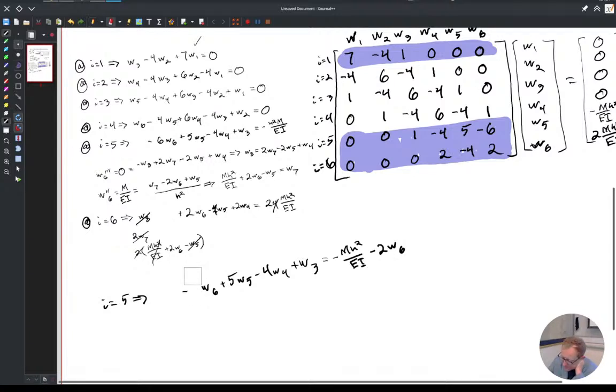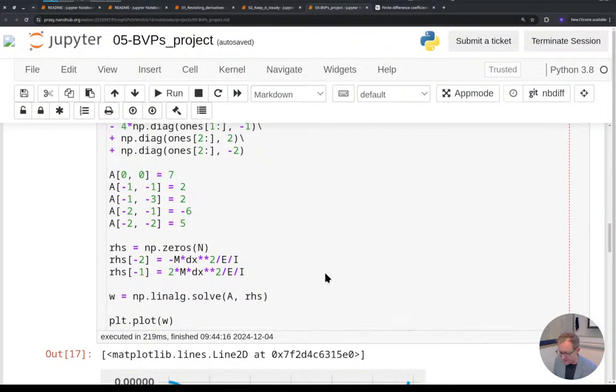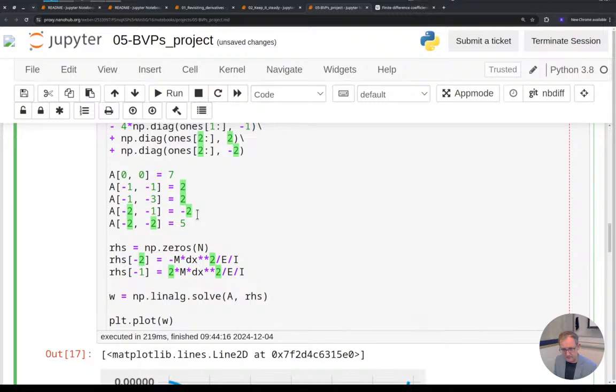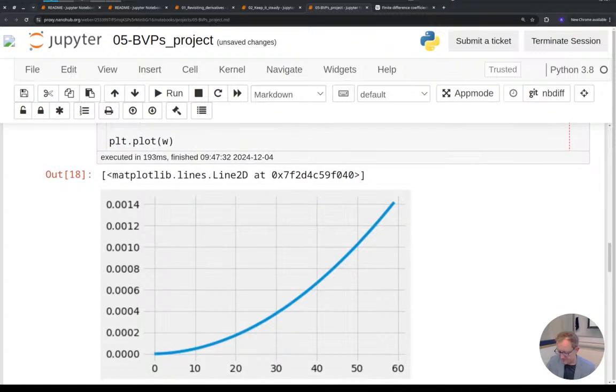That should be a negative 2. So this one should have, that shouldn't be negative 6, this should be negative 2. Let's see if that fixes. Much better, yeah.